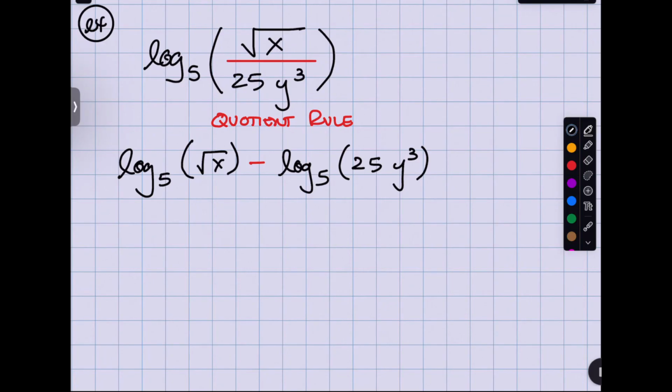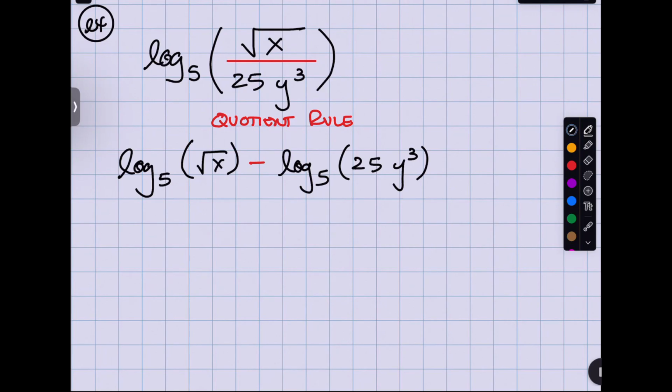Does that make sense? What's the next operation you see? Well, we got that subtraction because of the quotient rule, right?